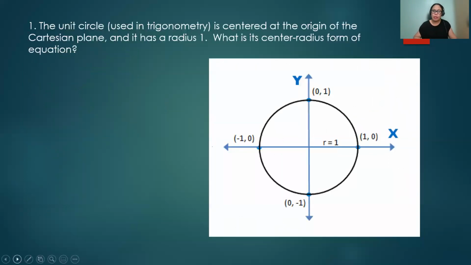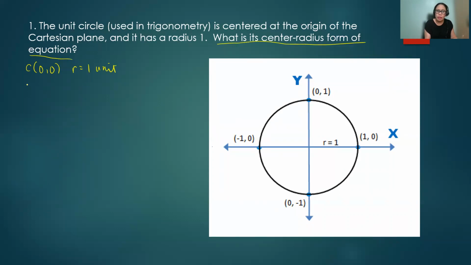Now, the illustration that you see is a unit circle, and we will be using the unit circle as we go along with our next lesson in trigonometry. The unit circle is centered at the origin, meaning the center is at (0, 0), and the radius has a length equal to 1 unit. The question here is, what is its center-radius form of the equation?